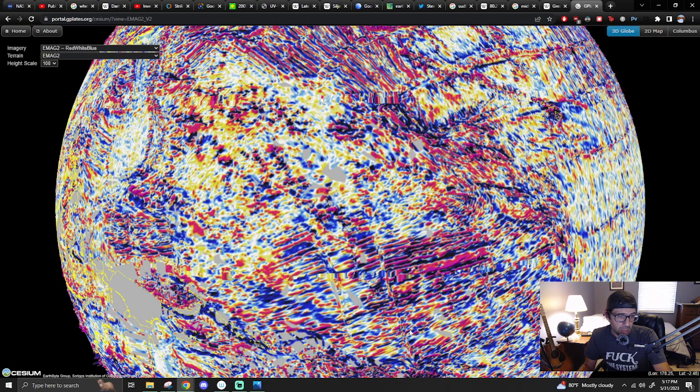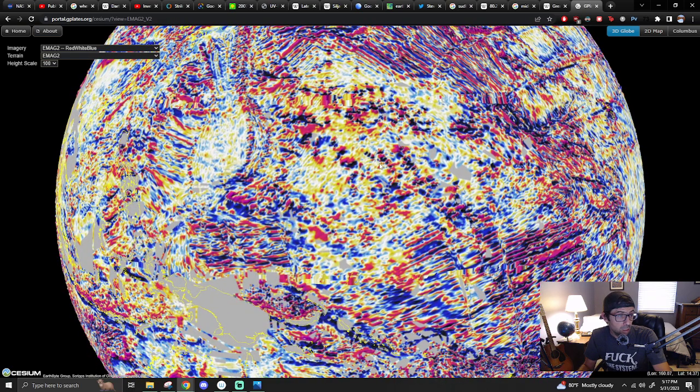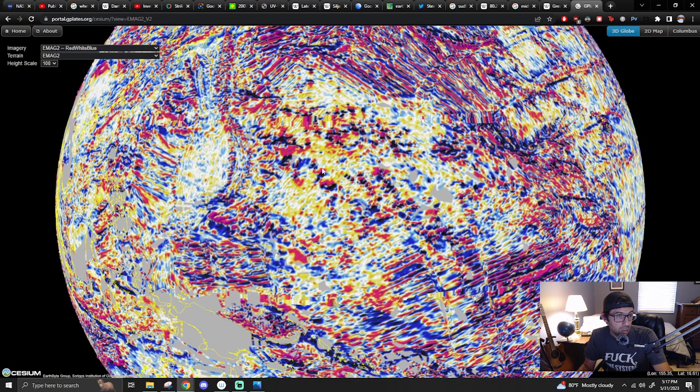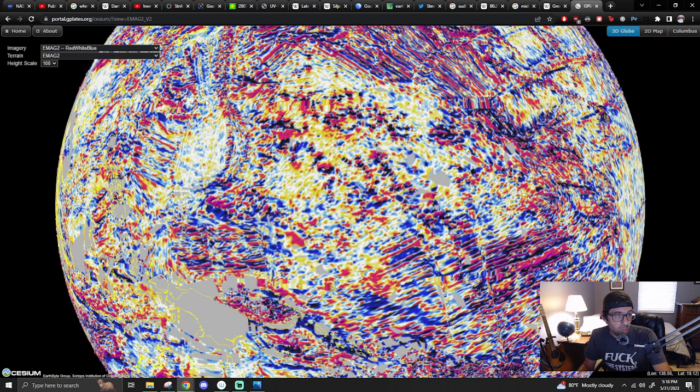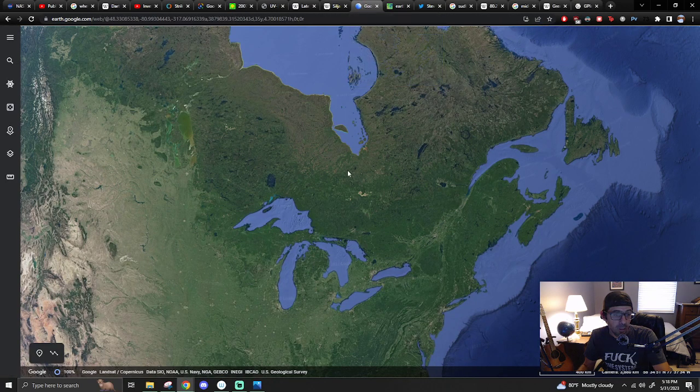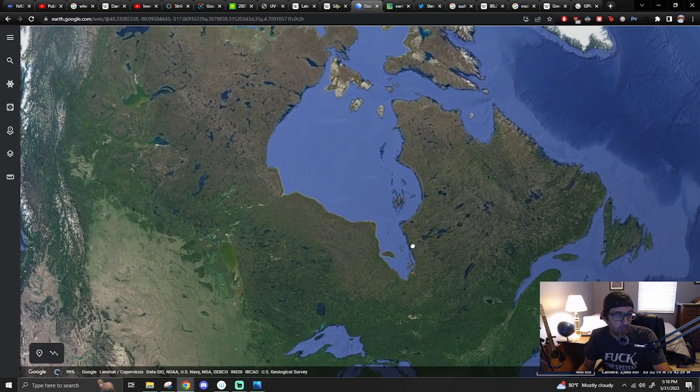So having that kind of thing, and then really towards the Hudson Bay, possibly where the Mariana Trench equivalent was actually positioned more down here. I don't know why.